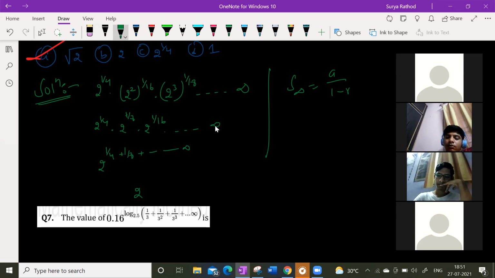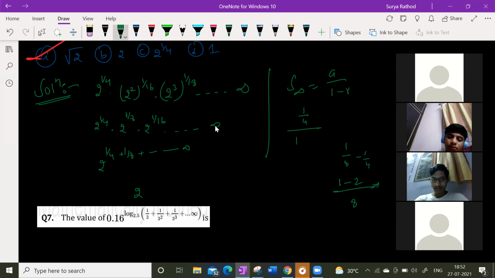So in the sum of infinite terms formula, a is 1 by 4. What is r? 1 by 8 minus 1 by 4. How much will I get? LCM is 8, so 1 minus 2, which is minus 1 by 8.